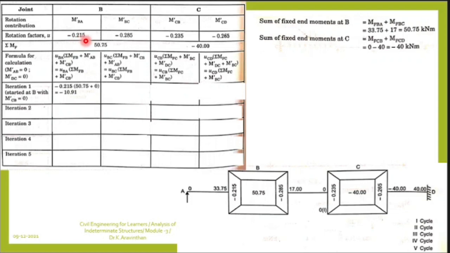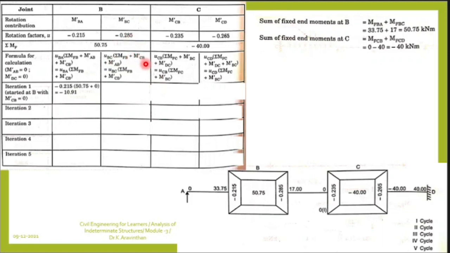Minus 0.215, and what is the sum of moment at B? 50.75 plus 0. M dash AB is also 0, M dash CB is also 0. Why? Because in first iteration you will not have the M dash CB value. You can get the answer and it will be minus 10.91.